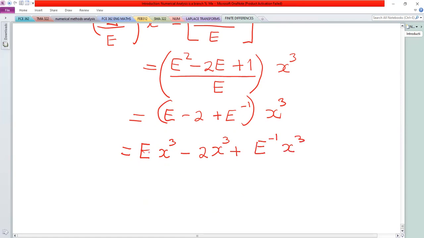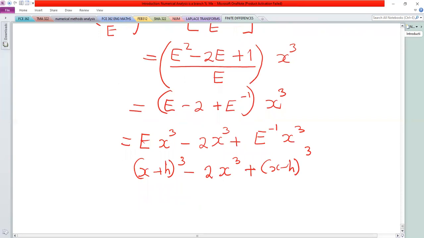By definition, this will give us x plus h cubed minus 2x power 3, and then plus this negative, so it will be x minus h, and then power 3.